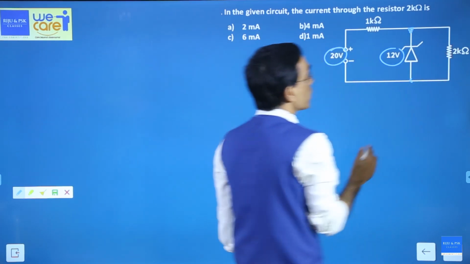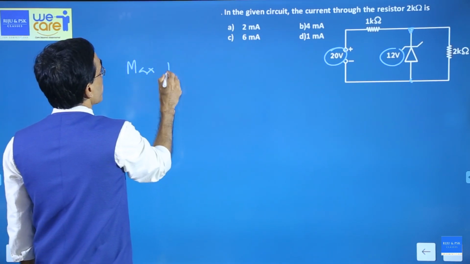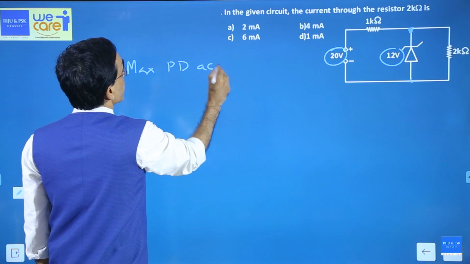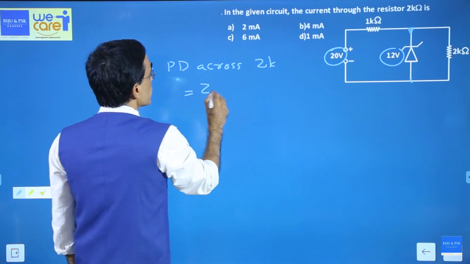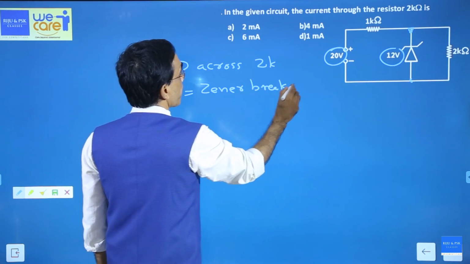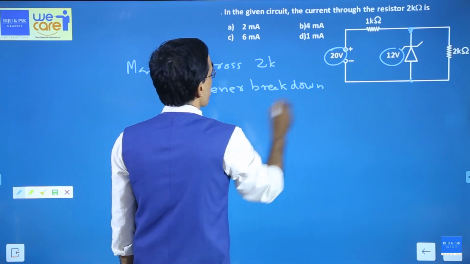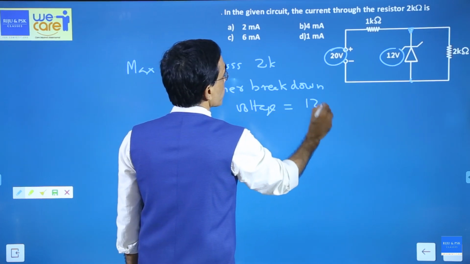So the maximum potential difference across 2K is equal to the Zener breakdown voltage, which is equal to 12 volt.